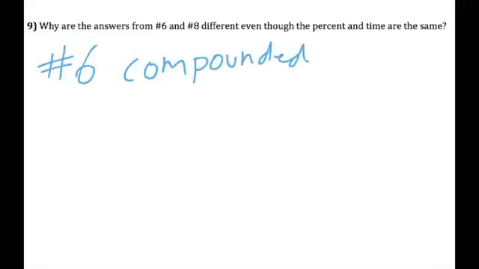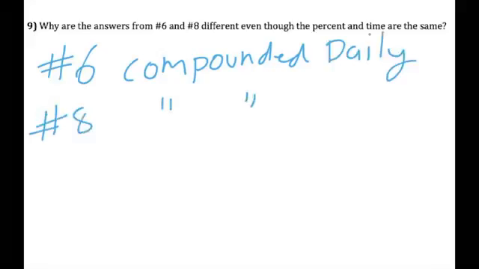Okay, why are the answers from 6 and 8 different even though the percent and time are the same? Well, the reason being is because the one in number 6 is being compounded daily. The one in number 8 is being compounded monthly.